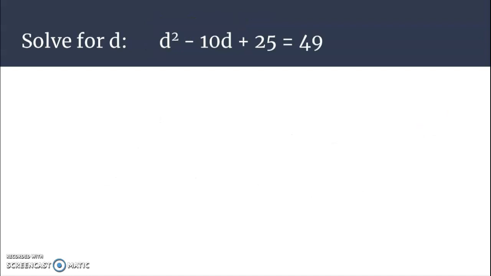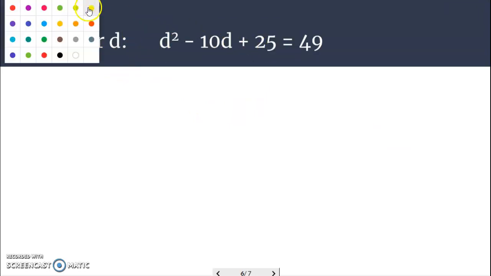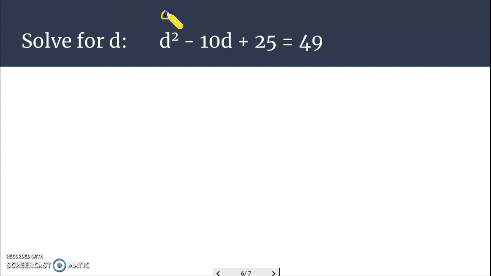All right, now we get into the perfect square equations. We have d squared minus 10d plus 25. This follows the format a squared minus 2ab plus b squared. When we have a perfect square trinomial like that, it always equals a minus b quantity squared, and that is the factored form.